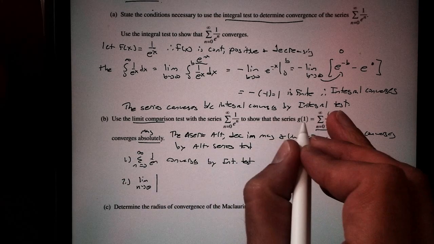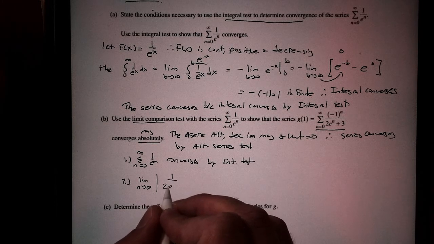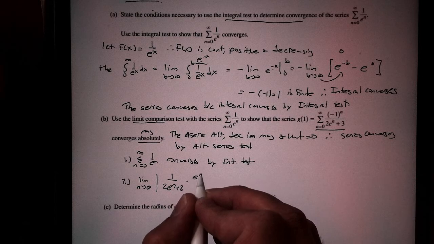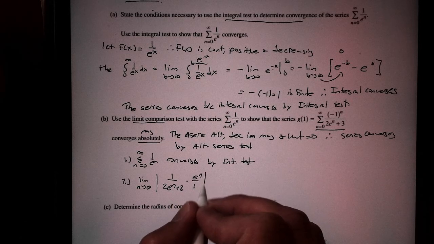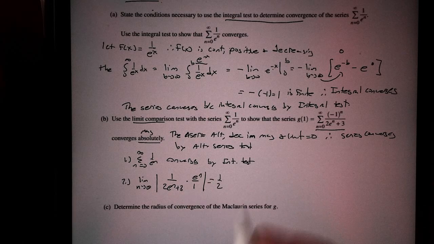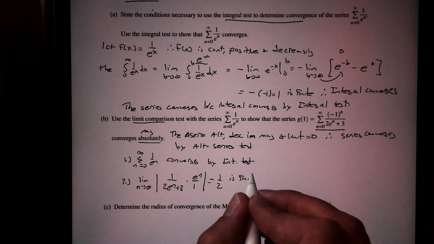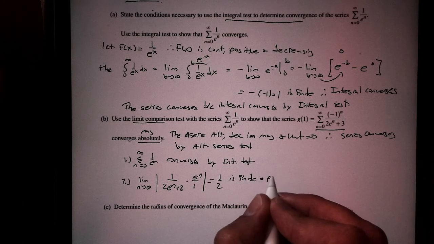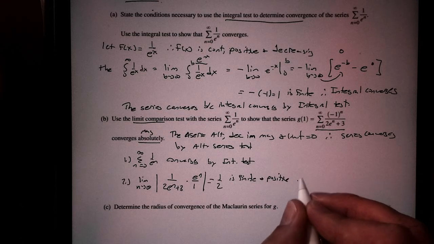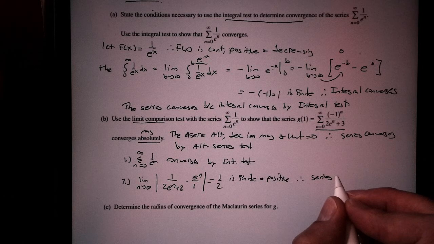So we don't really care that it alternates, so we get this 1 over 2 e to the n plus 3 times e to the n over 1. And if I do this, we're going to get 1/2 as n goes to infinity. So this is finite and positive. Therefore, we know that the series converges by limit comparison.